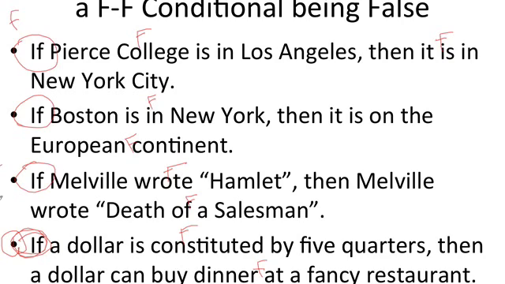In formal logic, we adopt the view that the conditional mirrors validity, such that if the antecedent is true and the consequent is false, the horseshoe is false. In all other cases, the 3 other cases, true antecedent, true consequent, false antecedent, true consequent, false antecedent, false consequent, the horseshoe is still true.